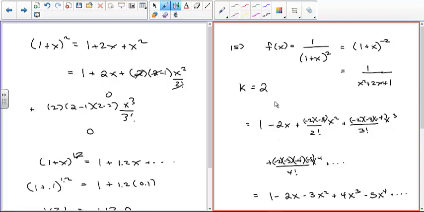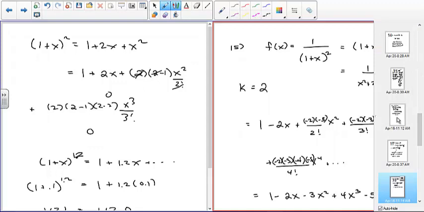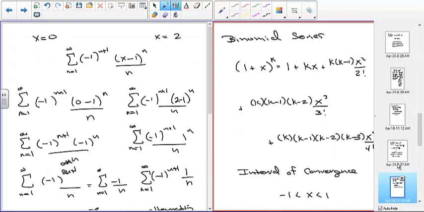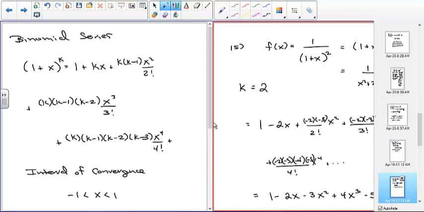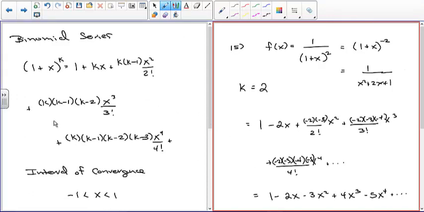So all I've done here, problem 15, is I've set k equal to negative 2. Let me pull the formula forward to show how you use it when k is negative. So here's the formula. The first term is 1 plus k, which is negative 2, times x.